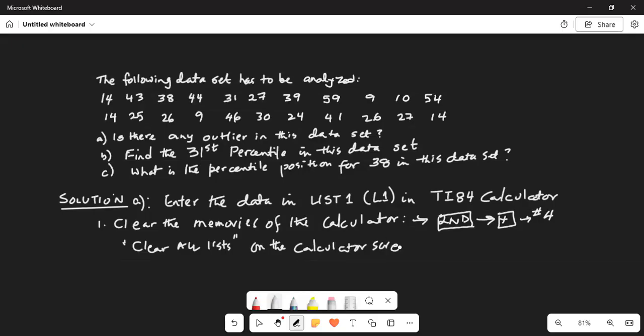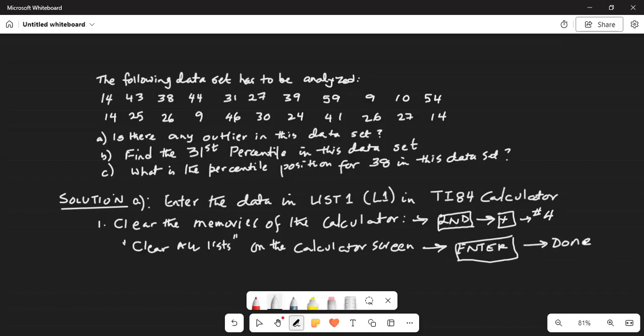Hit enter. Next is to press the enter button. And when we do that, okay, we will get done.